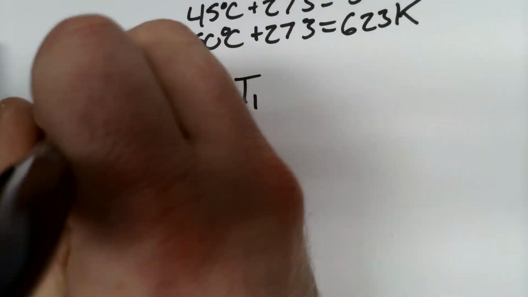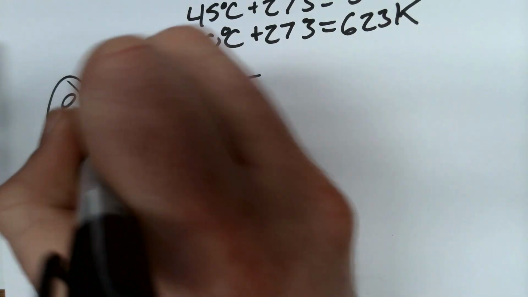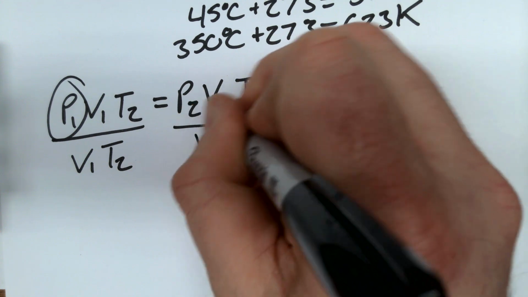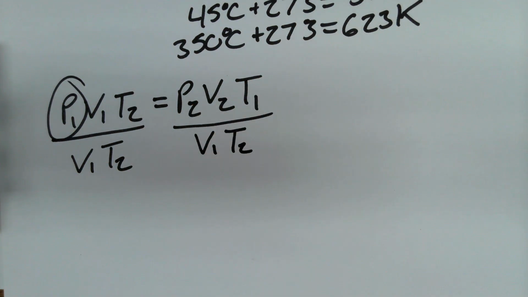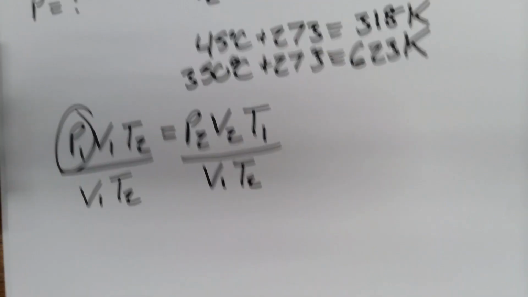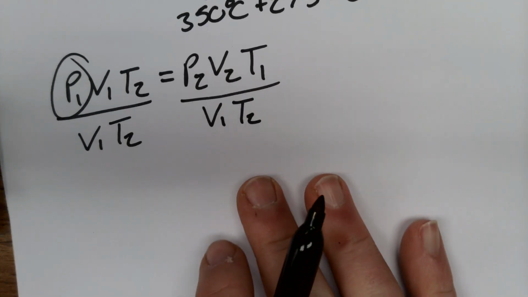I want to divide both sides by V1 and T2. Just like we were doing with the other questions. I have my overall gas law. I'm going to modify my equation to answer for my missing variable. V1 is 28 liters for both of them.